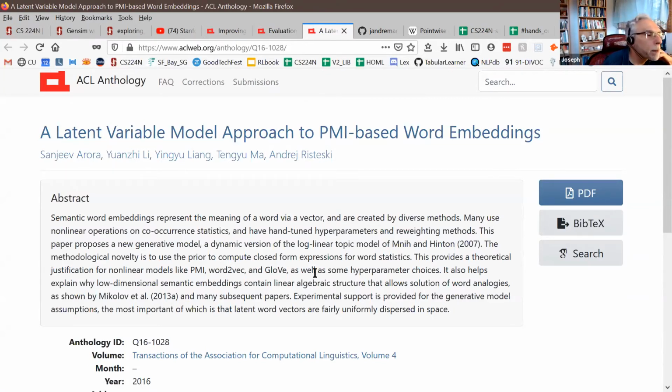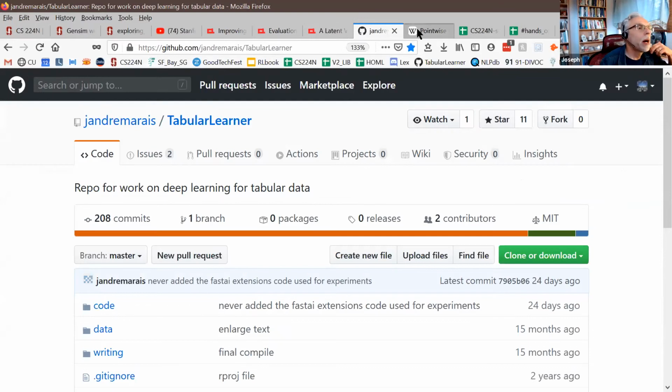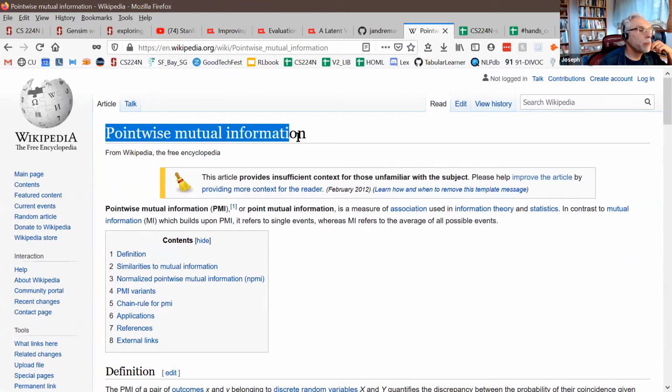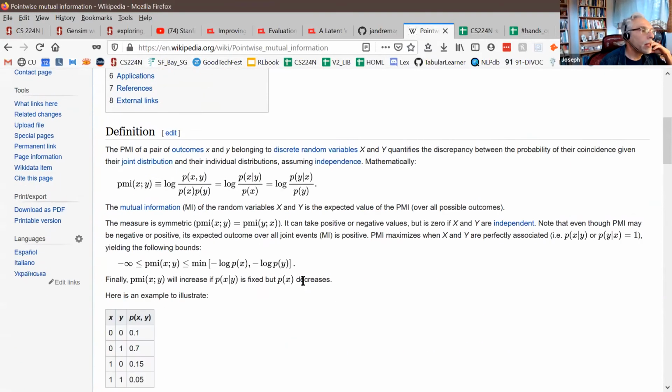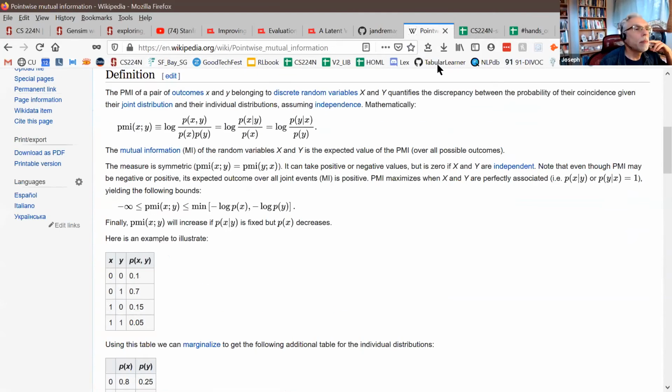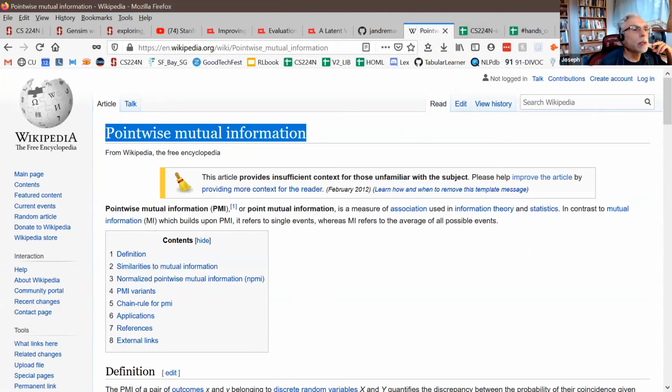PMI is something about information, something about entropy. You can look this up, but I didn't go through these papers. Yeah, here it is. Pointwise mutual information. That's PMI, and it has to do with probability and entropy and so on. But let's not dwell on that.